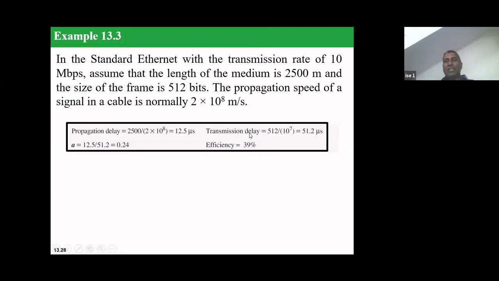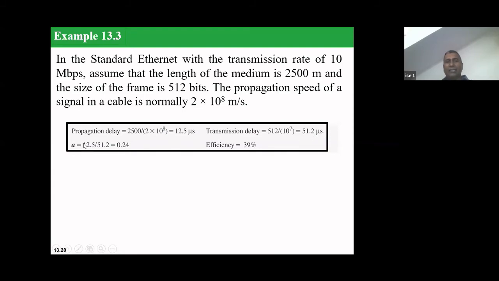The transmission delay is the frame size, given as 512 bits, divided by the rate, which is the time difference between the first bit and the 512th bit. So 512 divided by 10 to the power 7 is 51.2 microseconds.